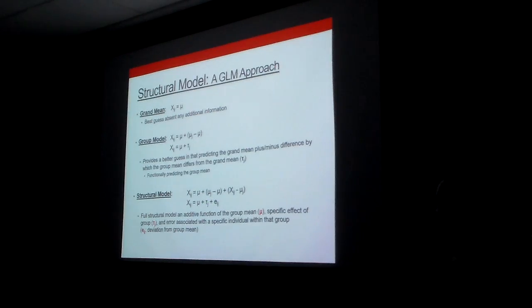So the actual value for anybody in my sample is the grand mean, with an adjustment for the group mean, with an adjustment for that individual, and this is your residual, your error term. It's the extent to which any man or woman in that sample deviates from their group mean, right?